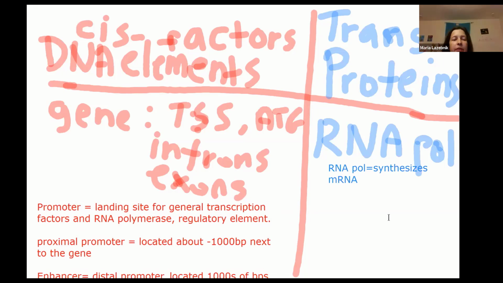So what happens is that transcription factors, which I talked about in the previous lecture, I suggest you watch that video where I explain what transcription factors are. Transcription factors are proteins with specific functions. They can bind to specific DNA sequences, and they can also interact with proteins.